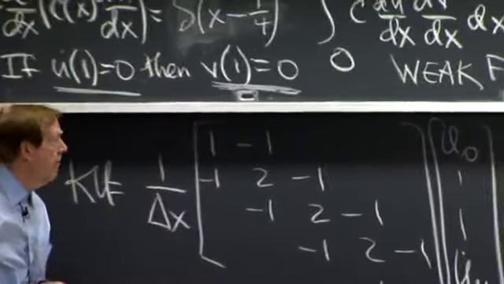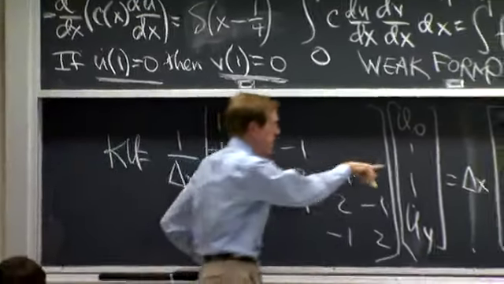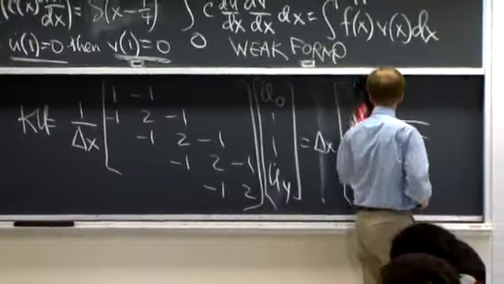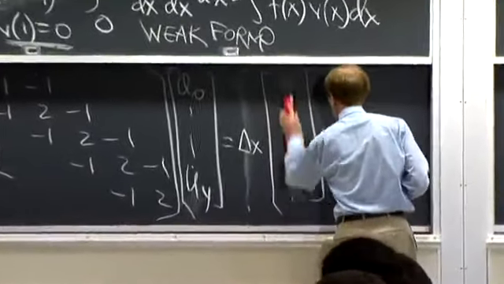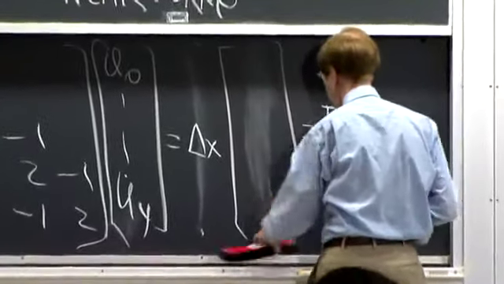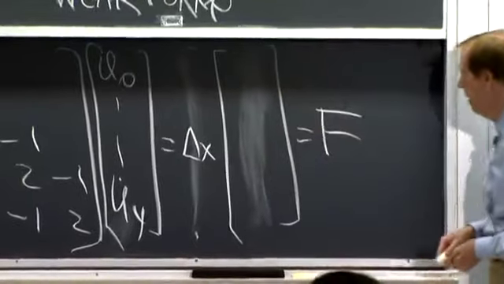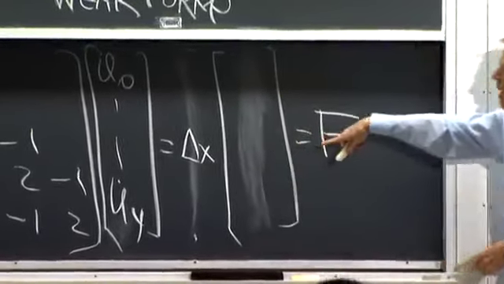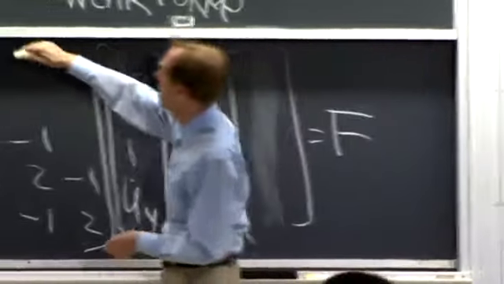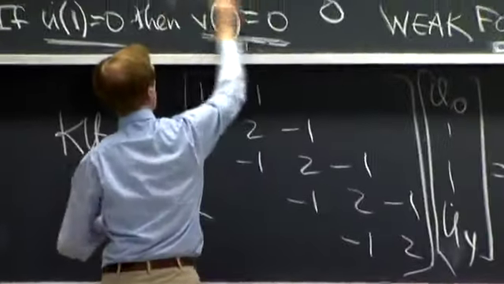Suppose that's my f. Then I've got to change all these guys. And what would they be? What would be the new right-hand side when I have this point load?